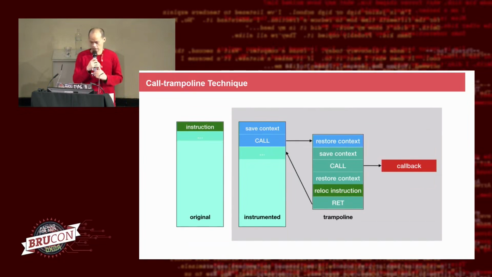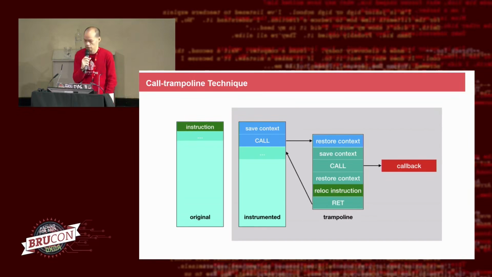So the next technique is called call trampoline, because there are two main types of branching, right? Jump or call, to change the direction of the code. So we can use call to change the direction to the trampoline. So this technique is called call to trampoline. You can see that again we save the context, and we call, we do not jump, we call the trampoline.